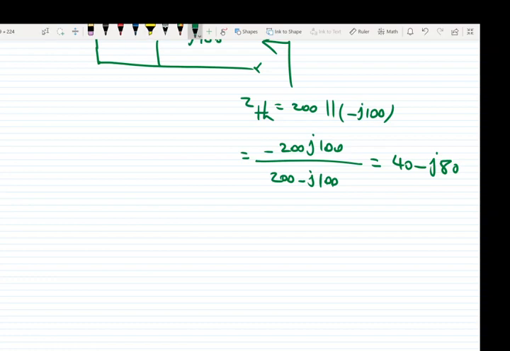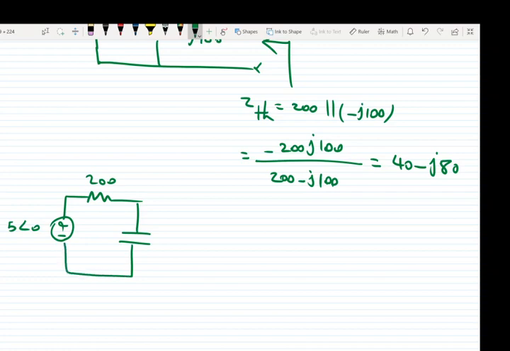For V Thevenin, we bring back the voltage source. We know that the V Thevenin is voltage here, which is the same as voltage across the capacitor.